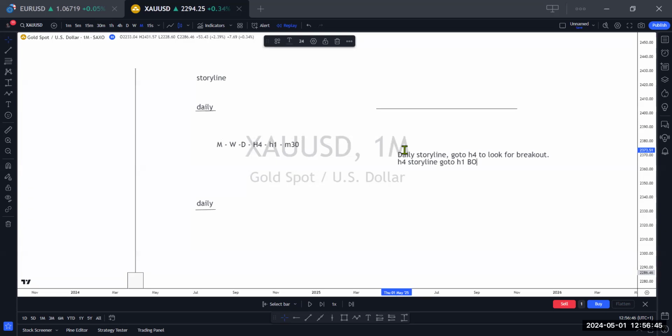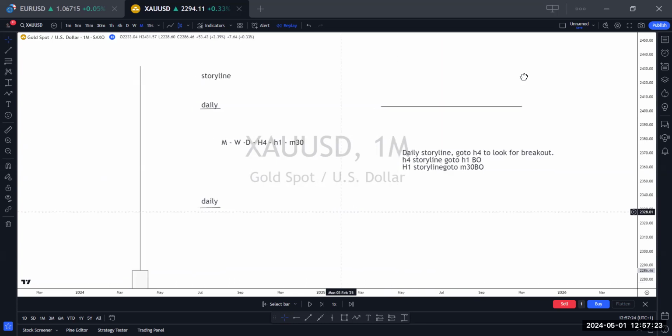So it means that inside daily storyline, we have H4 storyline. And inside H1 storyline, you go to M30 BO. So inside H1 storyline, you have M30 storyline. Storyline continues, it never stops. So it is M30 storyline that forms H1 story, that forms H4 story, that forms daily story, that forms weekly story, that forms the big monthly story.